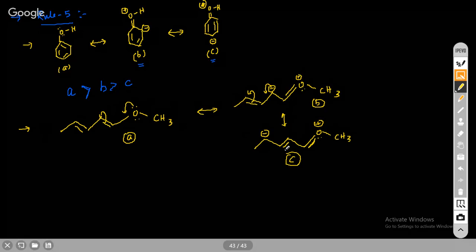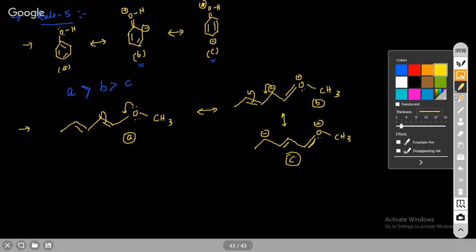Opposite charges must be close to each other. A has no separation of charge, so obviously A will be stable. Yeah, correct, Lalita.